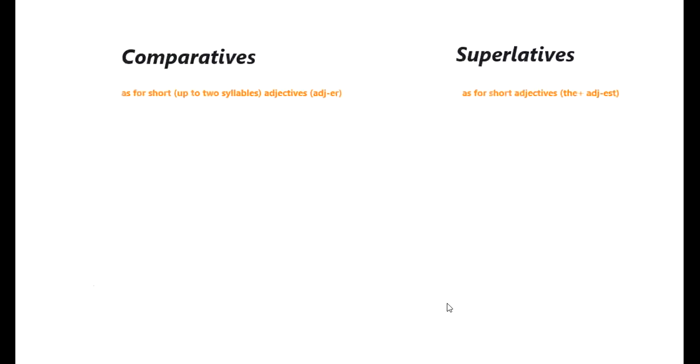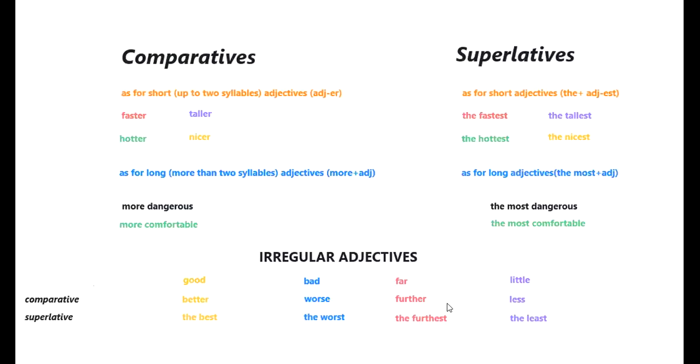Let me share my white screen here. Let me see. Okay, here, I hope now you see my whiteboard. Let's speak about comparatives and superlatives. Comparatives and superlatives are divided into two categories in terms of the length of the adjectives.